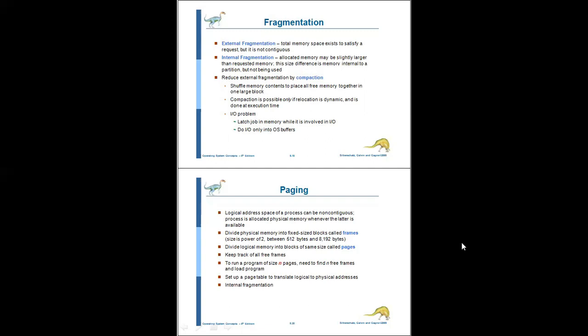The page address is nothing but the logical address. It is represented by page number plus page offset.